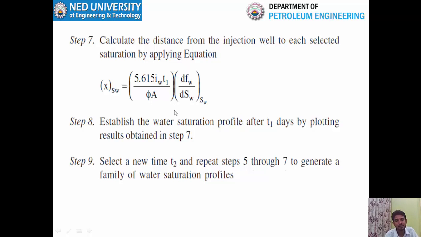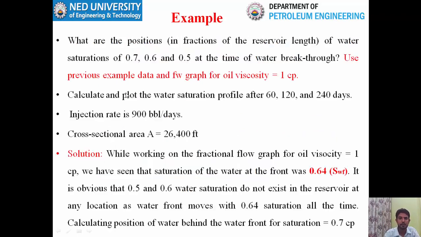And obviously you can select another saturation and calculate its position too, and the process will remain the same. So at any saturation which is higher than SWF at a given time, you can calculate its position too. You first need to choose a saturation slope from the graph, and from the slope you estimate its position. We will be doing the exercise in the coming slide.